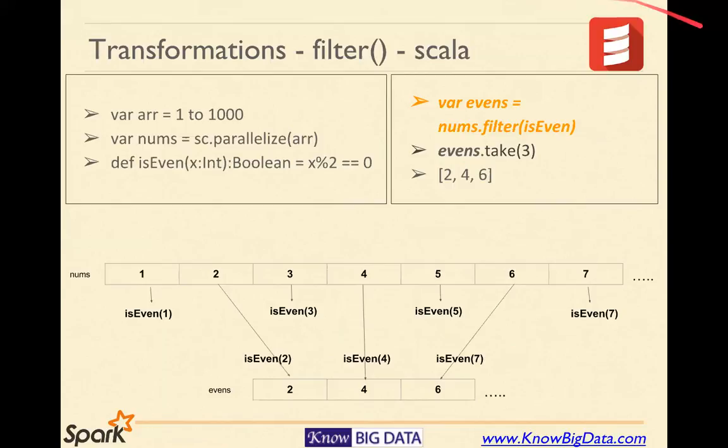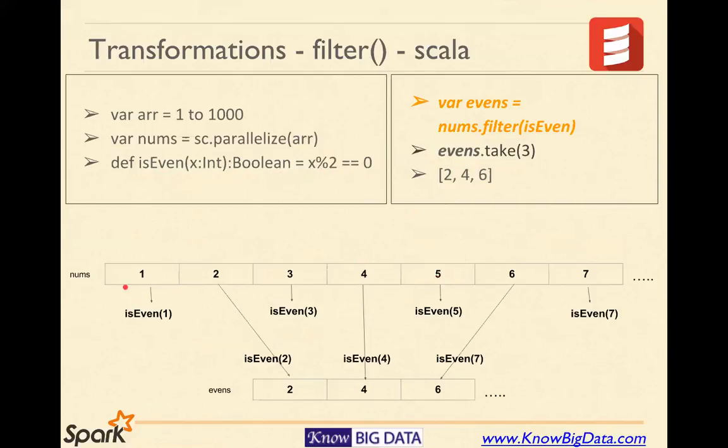Here we have defined a function called isEven, which divides the value by 2, and if the remainder, this percentage sign means remainder, equals 0, it returns true. So in case of even numbers, this function is going to return true. All the even numbers will be retained and all the odd numbers will be dropped.